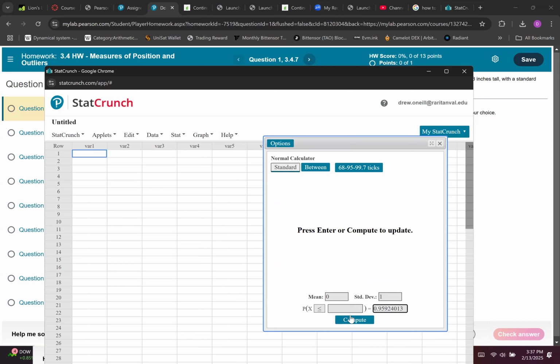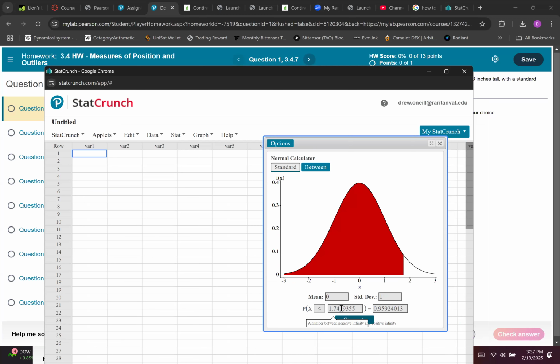And then compute what this is. And this is going to be your z-score, 1.74. Okay. So that's a sneaky little way to get the z-score without having to do it by hand. Let's go to the next one.